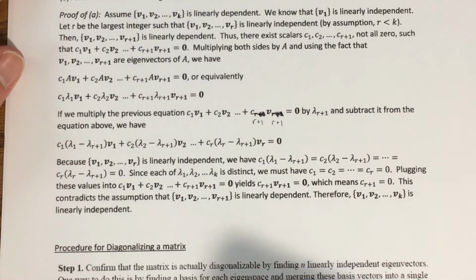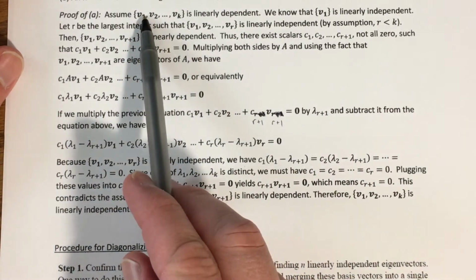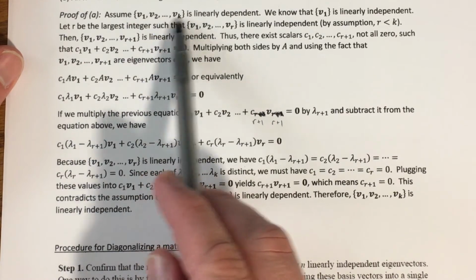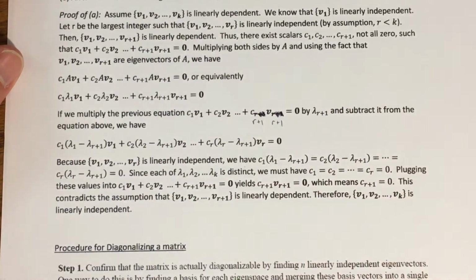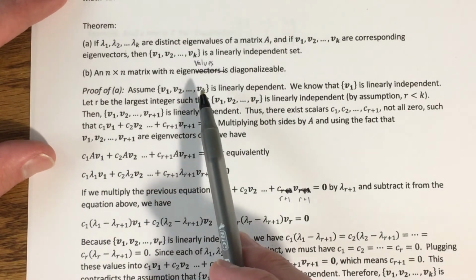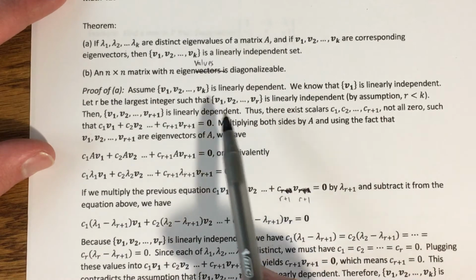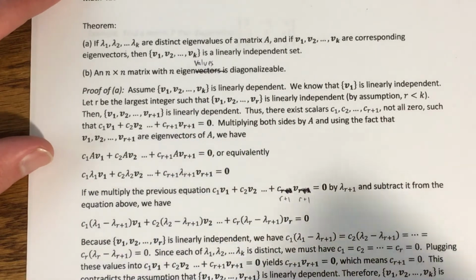That creates the contradiction that shows that our original assumption that this entire set v1 through vk had to have been linearly, sorry, I was pointing where you can't see. This set can't be linearly dependent because it leads to that contradiction. Therefore, it's linearly independent.